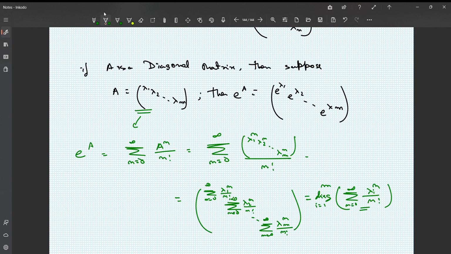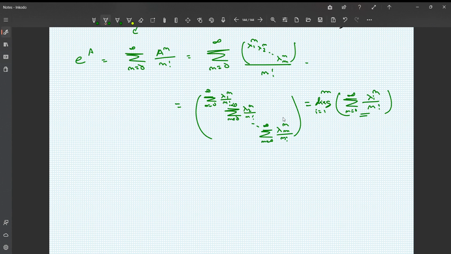Now what is this? This is by definition e to the power lambda i. So this becomes e to the power lambda 1, the next entry becomes e to the power lambda 2, and so on and so forth. It becomes e to the power lambda m. Got it? And this is very important also. Okay.